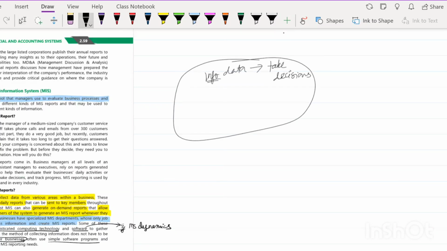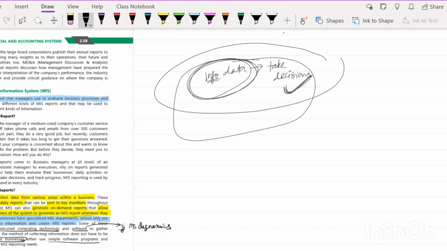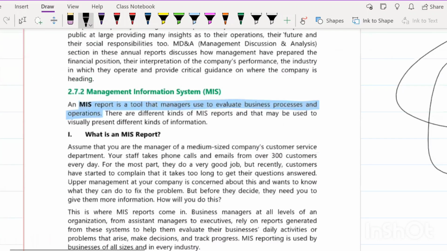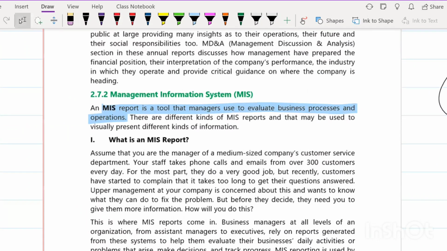The management is the set of people who take decisions on behalf of the company they are running. To collect and gather the information which will later be used for decision making by the management, a system was developed. That is what is known as your management information system. Management information system is nothing but the information which the management needs to take decisions, and the system they have created to gather that information is known as management information system.